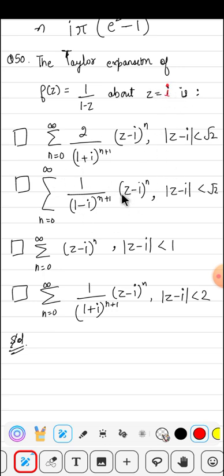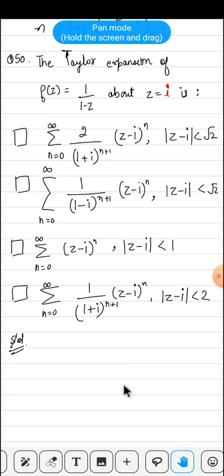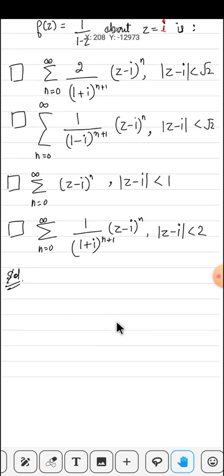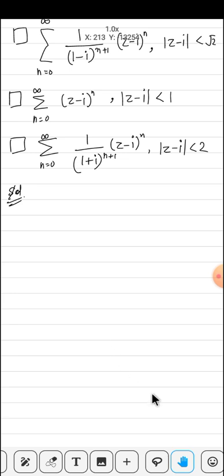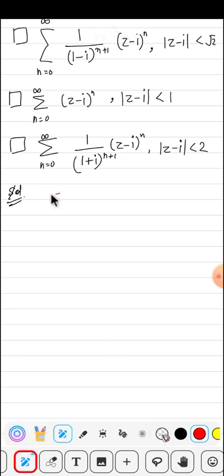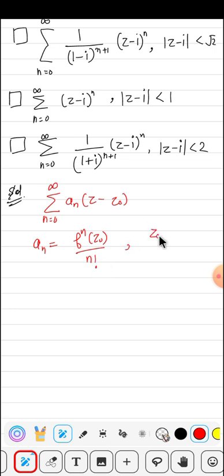Okay, so when I write the Taylor expansion, we write it as the sum of a n times (z minus z naught) to the power n, n from 0 to infinity, and a n is equal to f to the n at z naught upon n factorial, and z naught here is iota.